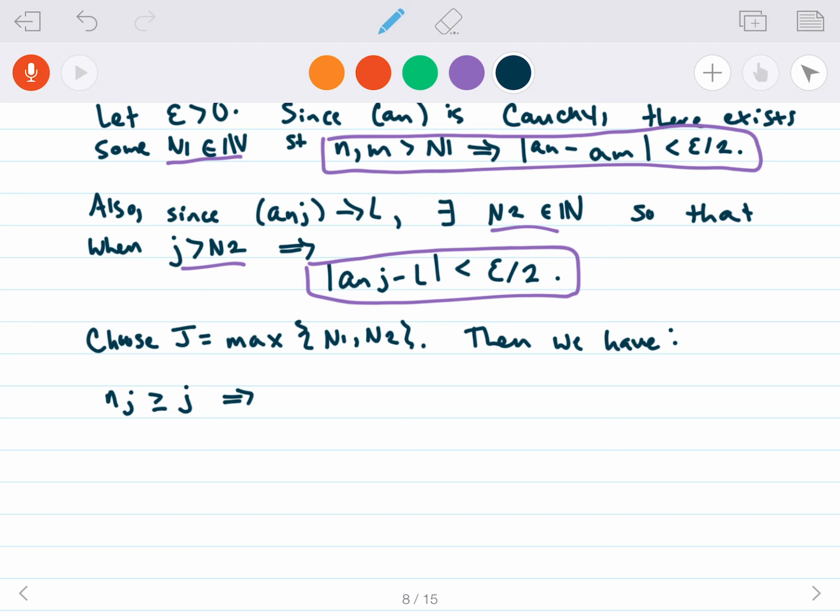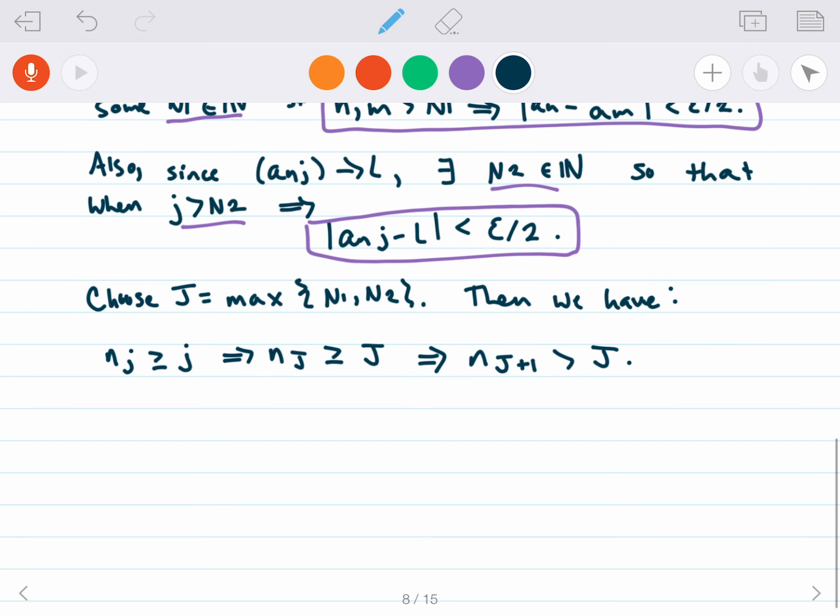And that means, in particular, n of capital J is going to be bigger than or equal to capital J. And following this, n of capital J plus 1 is going to be strictly bigger than capital J, because n sub capital J plus 1 is bigger than or equal to capital J plus 1. And so that means that when little j is bigger than big J, we have the following.